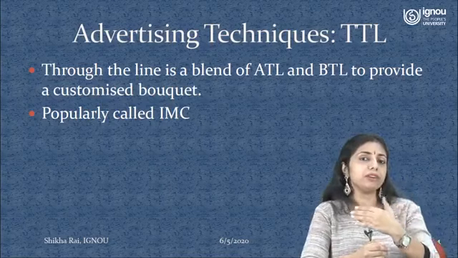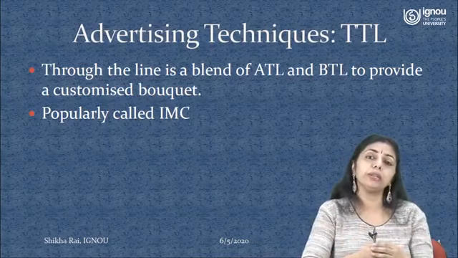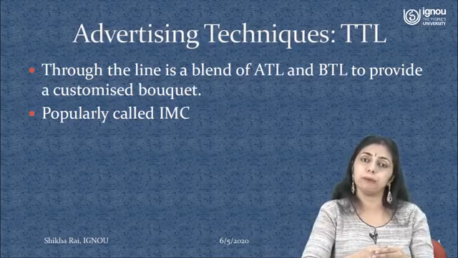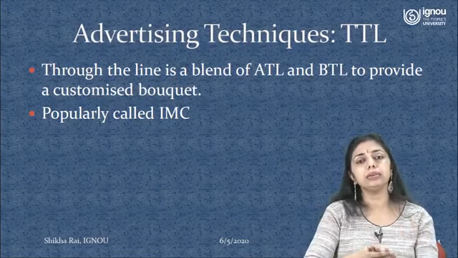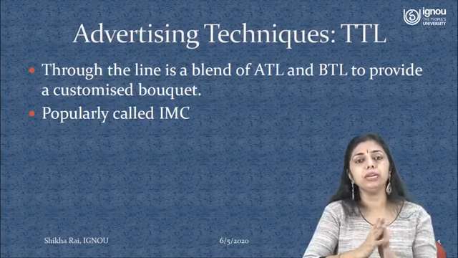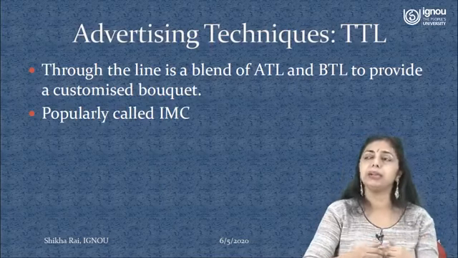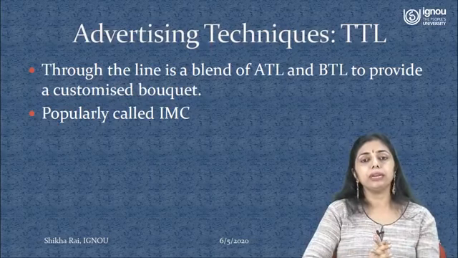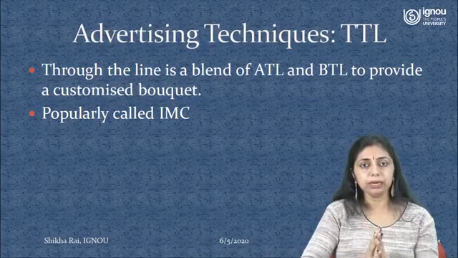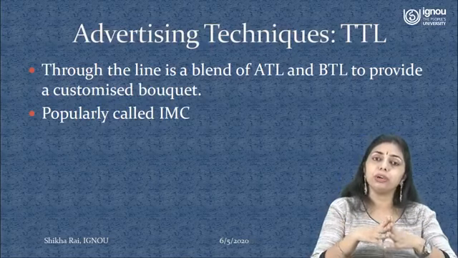So, the various techniques that you make use of, they are popularly called the IMC, Integrated Marketing Communications. Now, we have a separate session on integrated marketing communication where we will deal in detail about what are the various techniques, how are campaigns planned and everything in detail. Here I would only like to say that when you are choosing this kind of a media, it is based on the kind of objective that you have planned to achieve.